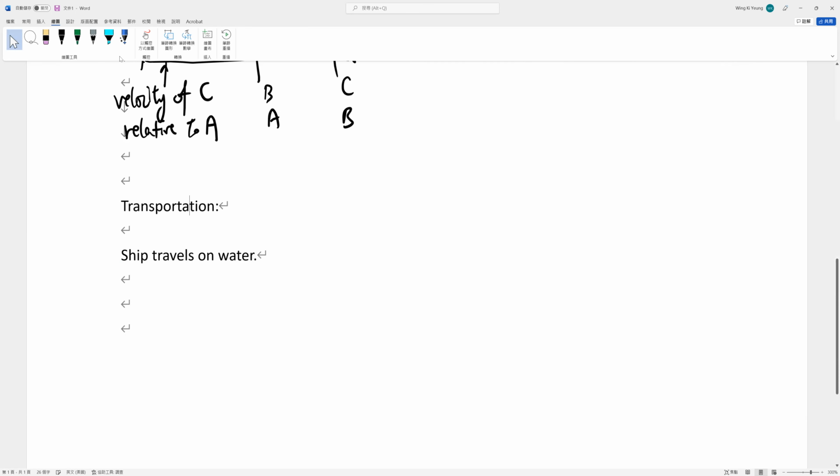So let's say the ship is moving on the water, and the water flows to the right.